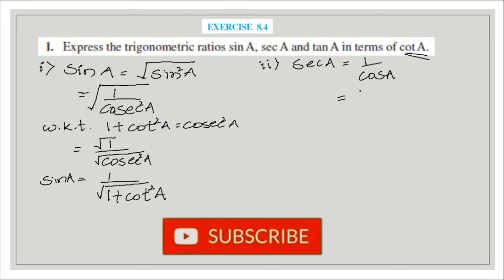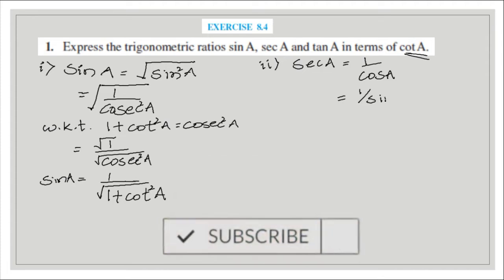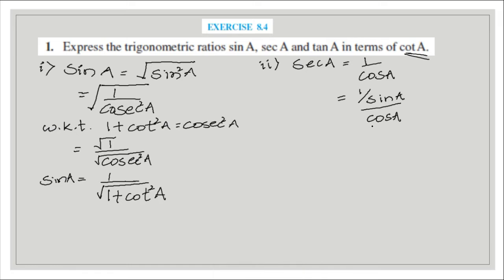So what I do is, in 1 upon cos A, I'll consider I am dividing both numerator and denominator by sin A. So I get 1 upon sin A divided by cot A. Now this can be written as 1 by sin A multiplied by 1 by cot A.